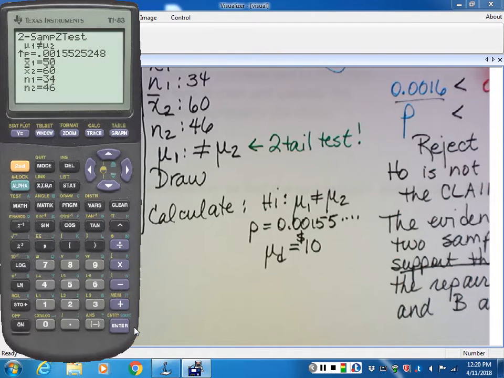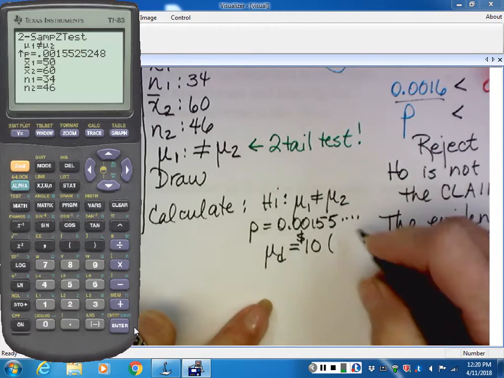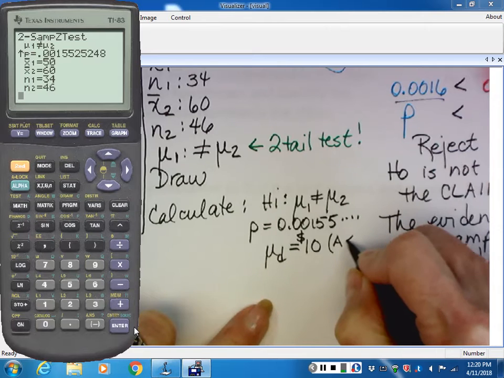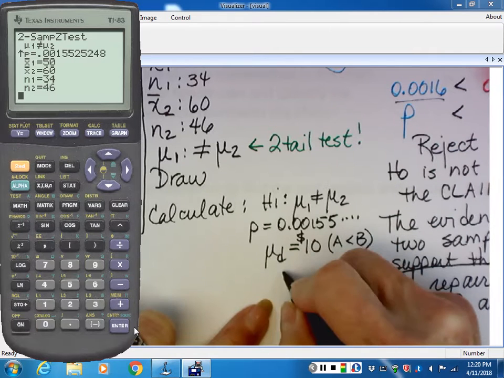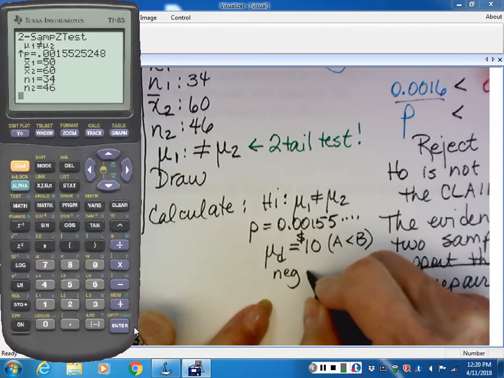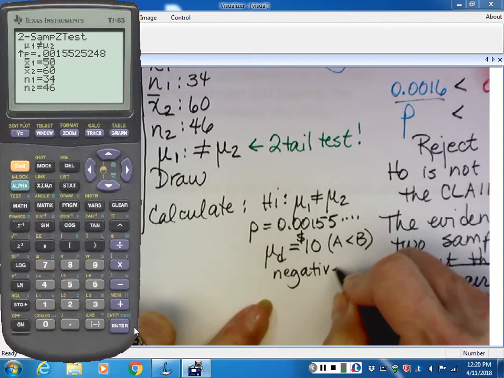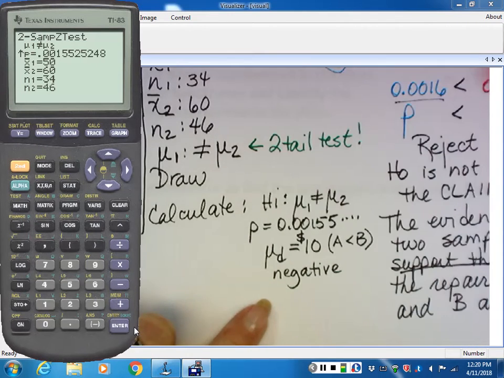And since population 1 was less than population 2, A was less than B, that difference is negative, which is why our test statistic fell down here.